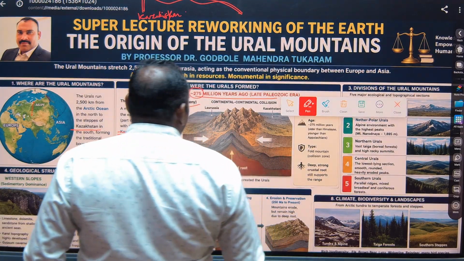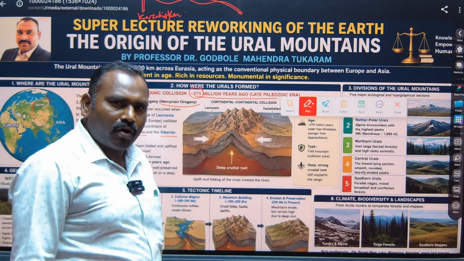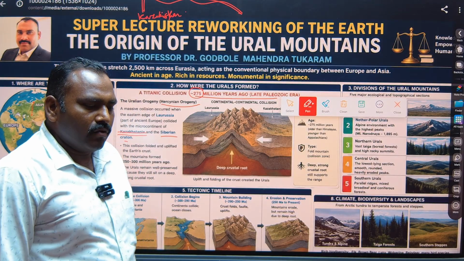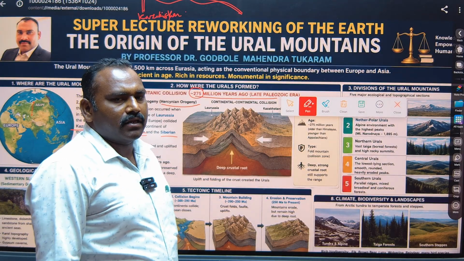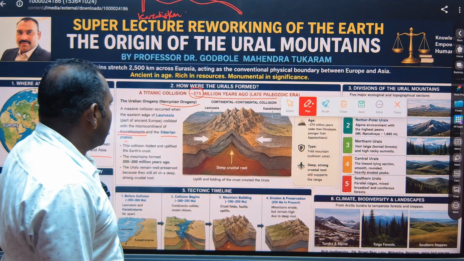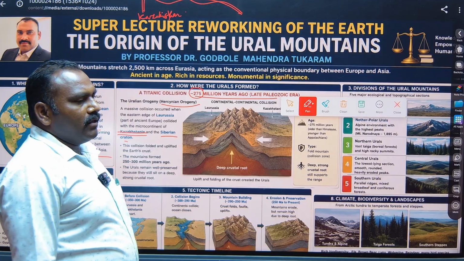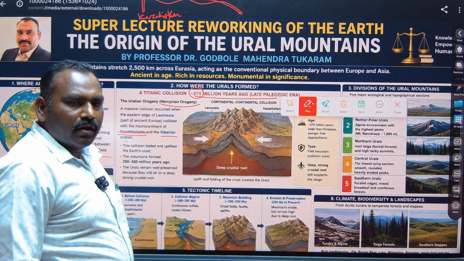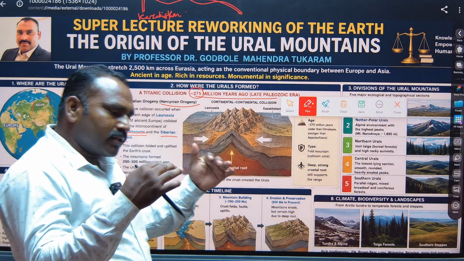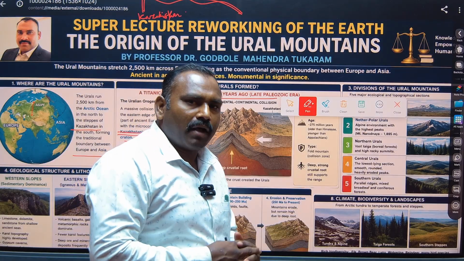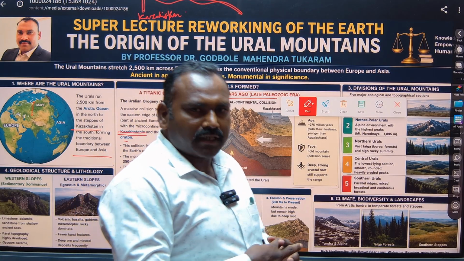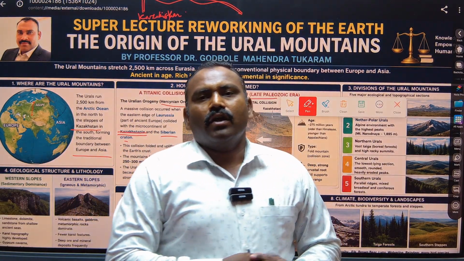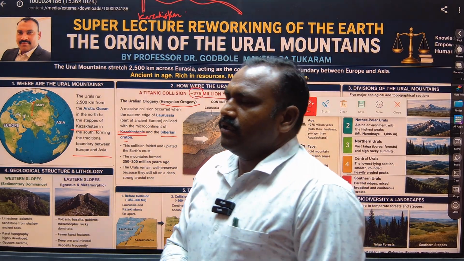The massive collision occurred between Laurentia, the old Europe, and the microcontinent of Kazakhstan and the Siberian Craton. Due to the collision at the convergent plate boundaries, the microplates of the Siberian and Kazakhstan Craton collided with Laurentia, the old Europe.